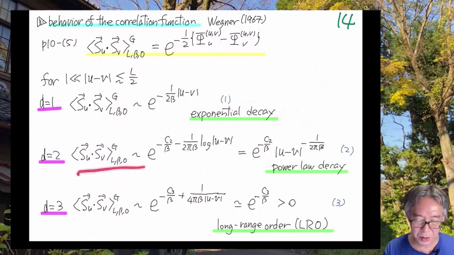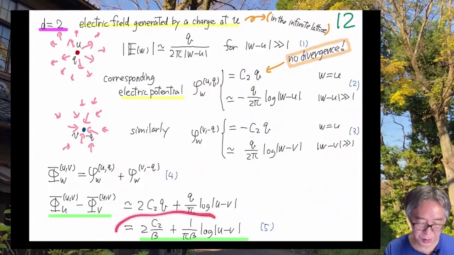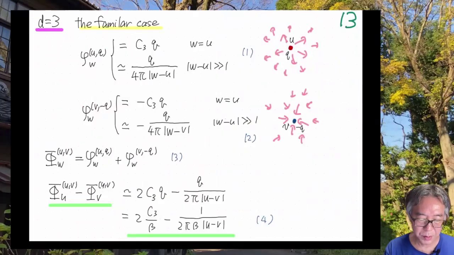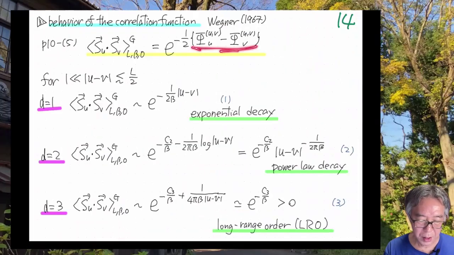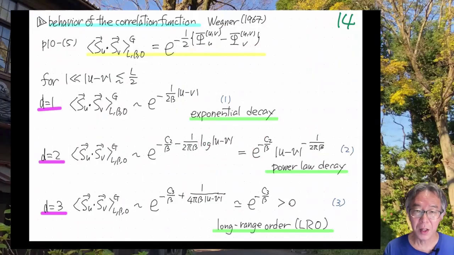In 2 dimensions, we know that this difference behaves like this, so I plug this in here to get this. Since we have log, you can rewrite it like this, and now we have power law decay, and this exponent depends on beta. Finally, d equals 3 is the simplest case.